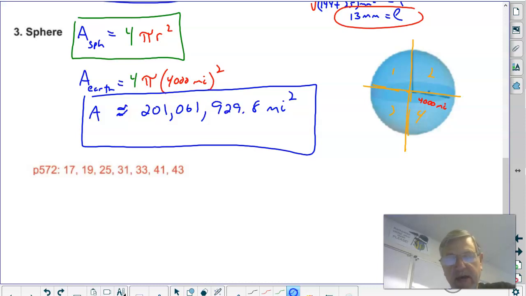All right, approximately. And that would be the surface area of the Earth. Want to find the surface area of a sphere? No problem. 4 pi r squared.